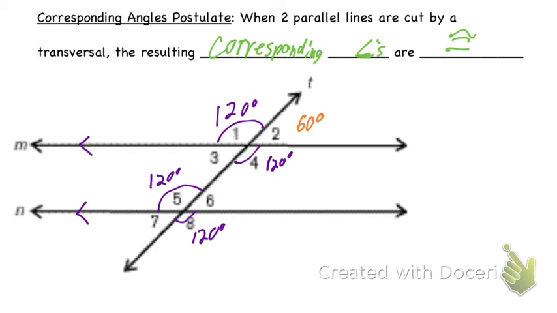Because 180 is how much you could have on a straight line. So what two angles add up to be a straight line here? Angle 1 and 2 are a linear pair, so they add up to 180. Now wait, are angles 2 and 4 a linear pair as well? Yes, so you could have found it with angles 2 and 4 instead of angles 1 and 2.